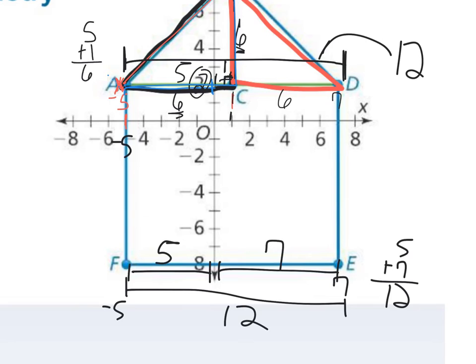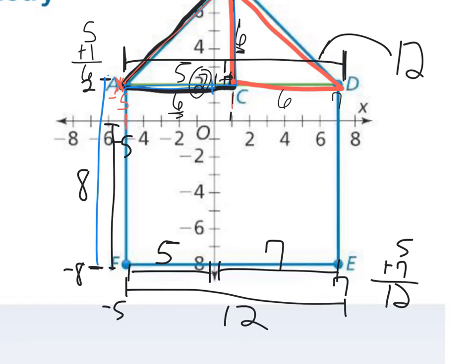So F, my Y value for that is at -8. So we're going to go from -8 up to 2, it looks like. So -8 to 2, we might want to split that up again. So think about -8 to 0, which would be 8.